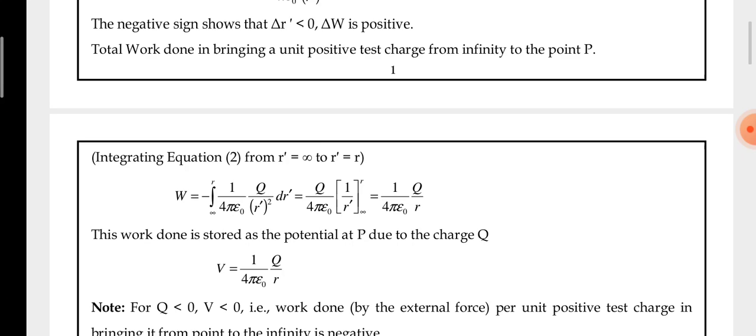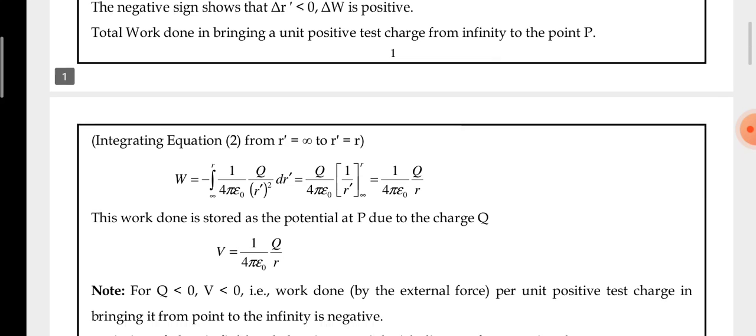This work done is equal to the potential, so V equal to 1 by 4 pi epsilon naught capital Q by r is the electric potential.